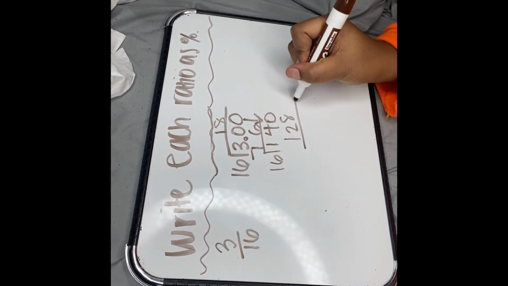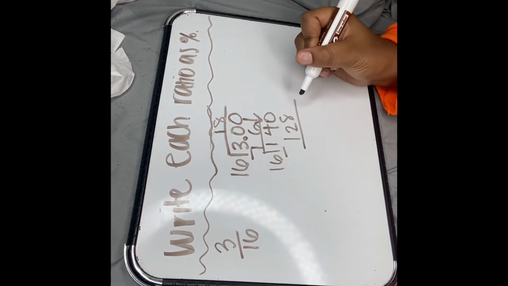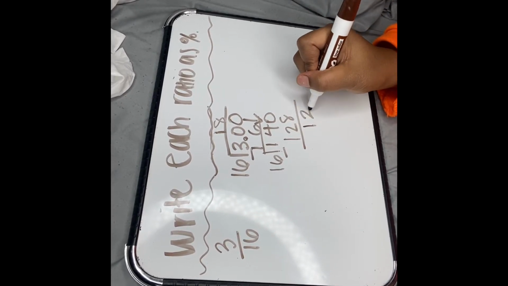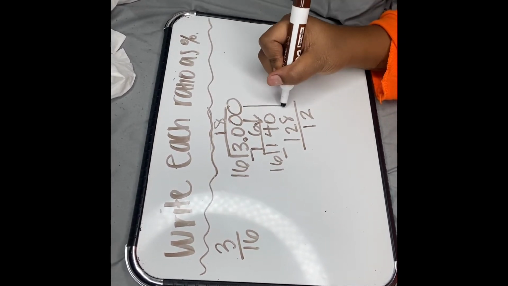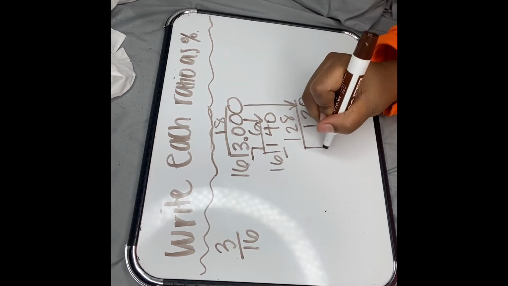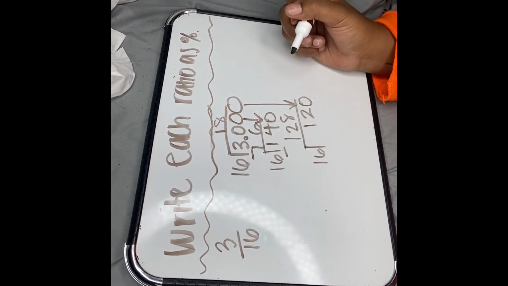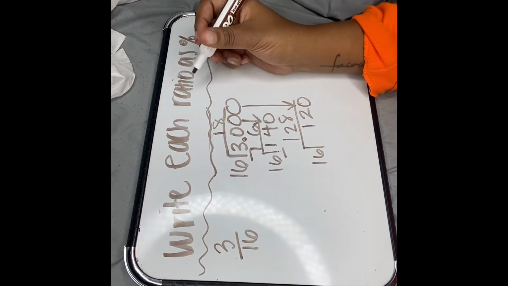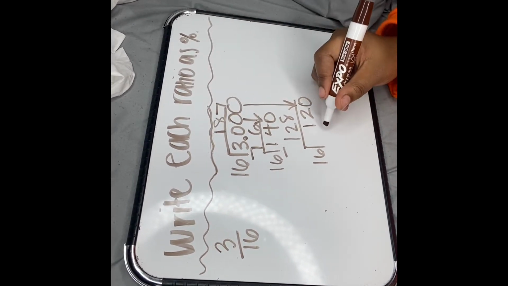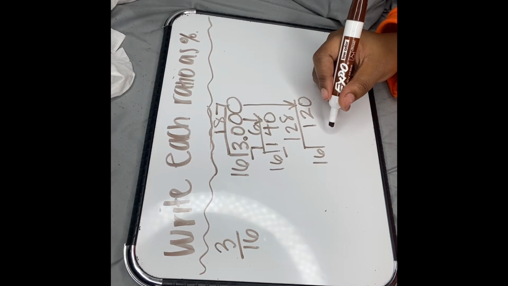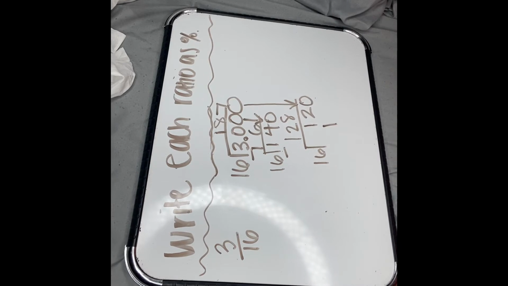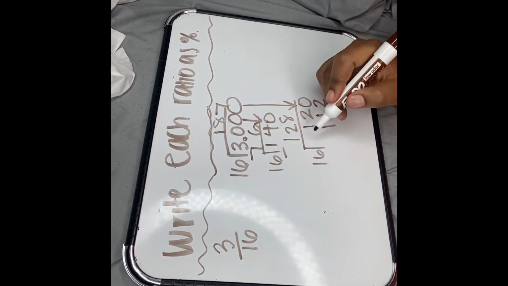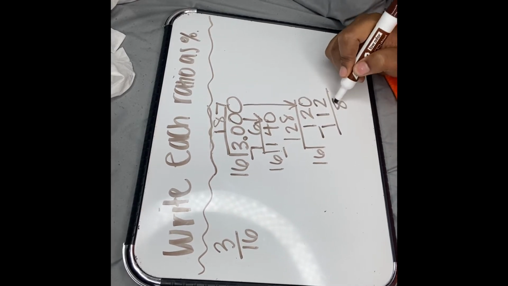So then we will subtract that, which will give us 12. 16 cannot go into 12, so we will have to add another 0. Bring it down. 16 goes into 120 7 times. So then we'll multiply 16 by 7, which will give us 112. So then we will subtract that from 120, which will give us 8.